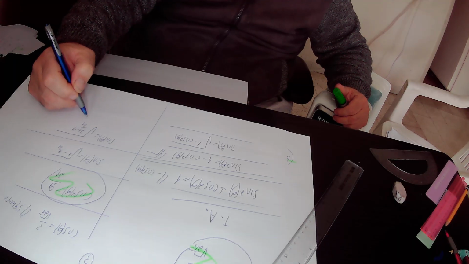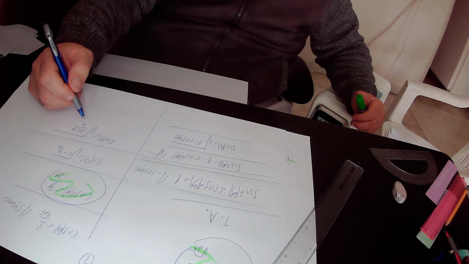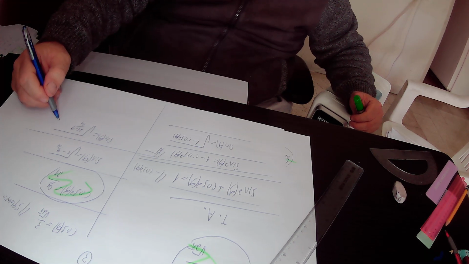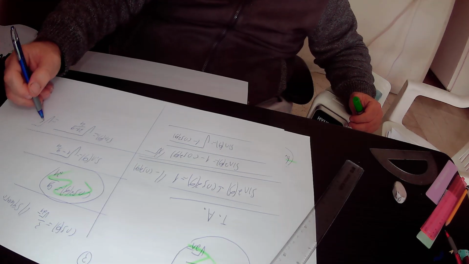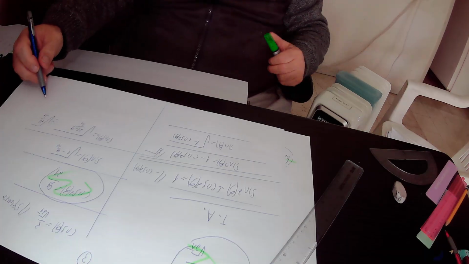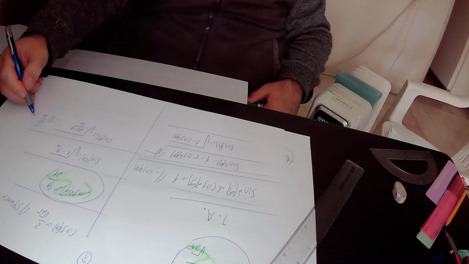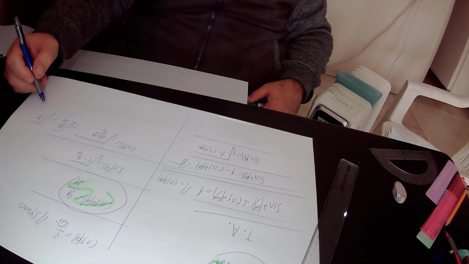We multiply 1 by 21 and then we divide it by 21, so we change nothing. It is allowable to multiply anything by 1. So here we have square root of 21 minus 9, which is 12, over 21. Here we divide both the numerator and the denominator by 3, and we get that 12 over 3 is 4, and 21 over 3 is 7.